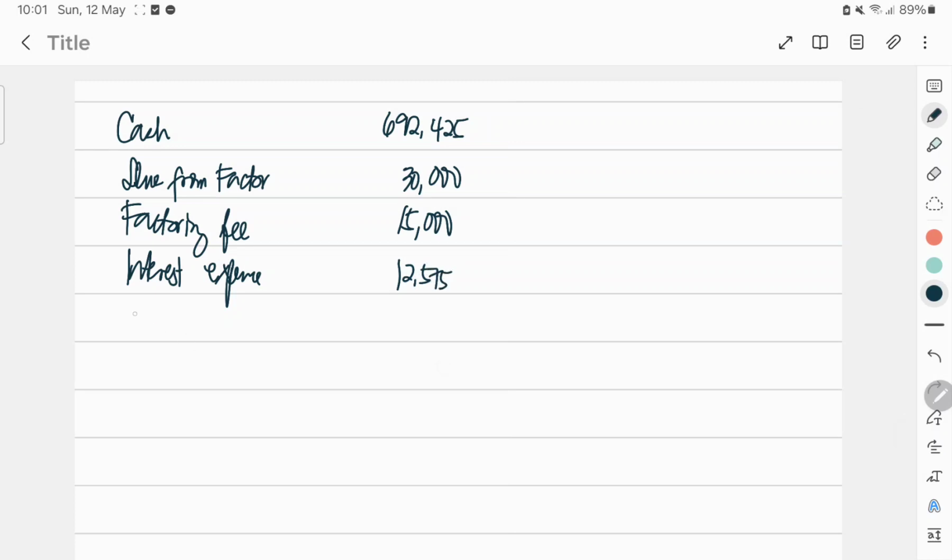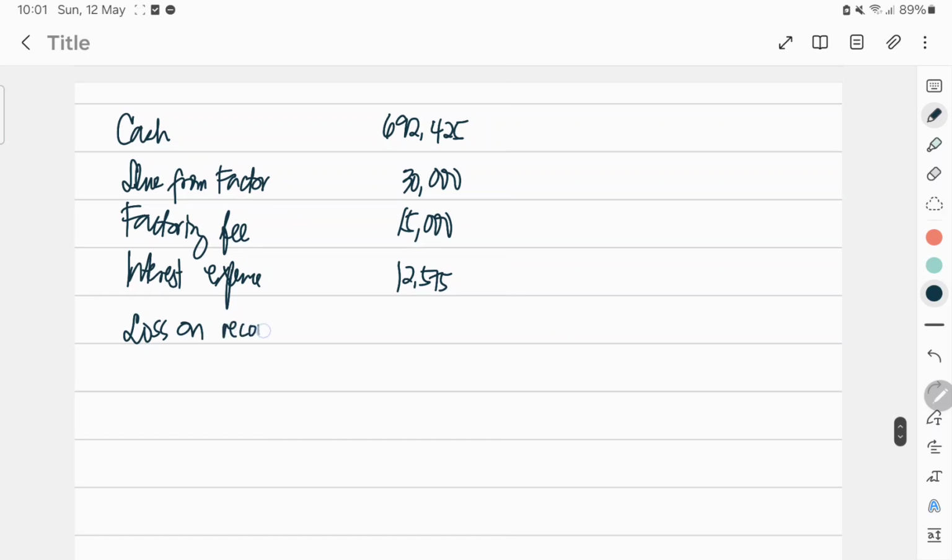Tapos yung loss on recourse obligation. So, hindi tayo mag-record ng loss on factoring. Kasi, this is not a casual factoring. Loss on recourse obligation. Okay. That is amounting to 20,000. That refers to our liability actually.